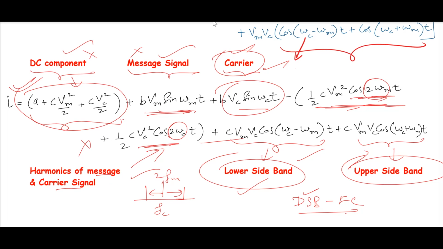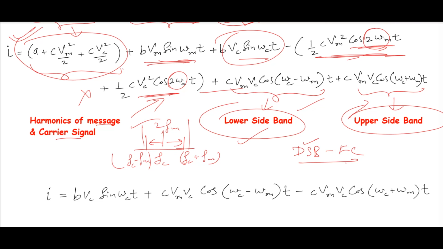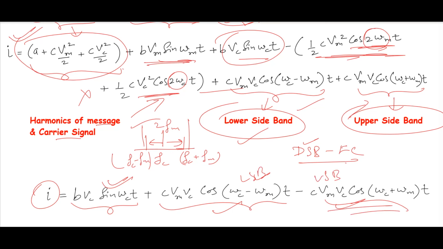This band will range from fc minus fm to fc plus fm. So I'll use a tuning circuit, or filter, which allows only this band of frequencies to pass through. Every other component is attenuated. After tuning or filtering, the current will have only these three components: the carrier, and two sidebands, the lower sideband LSB and the upper sideband.